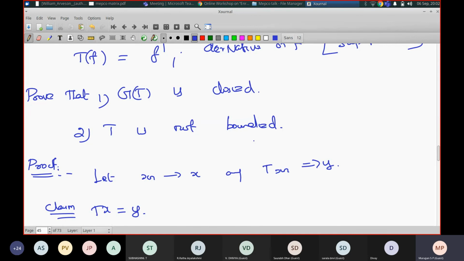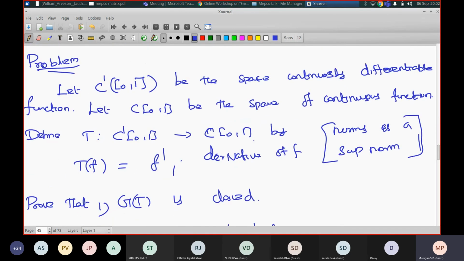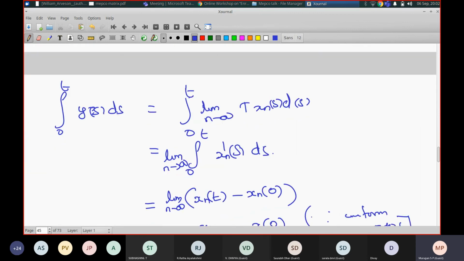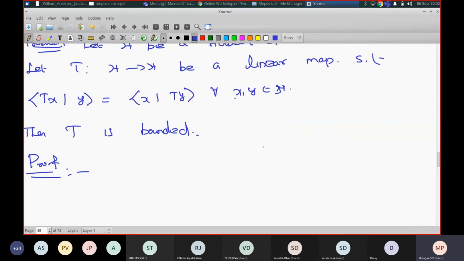So where is the mistake? In the closed graph theorem, both spaces must be Banach, but the space of continuously differentiable functions is not a Banach space with respect to the sup norm. Everything here is done with the sup norm. Therefore, you cannot drop the completeness assumption in the closed graph theorem. That is a very good point.